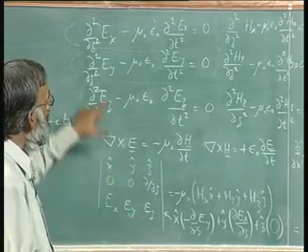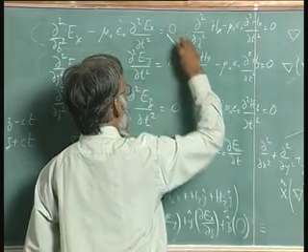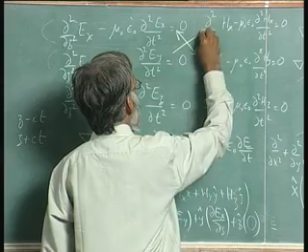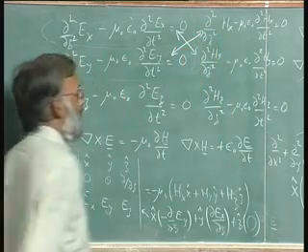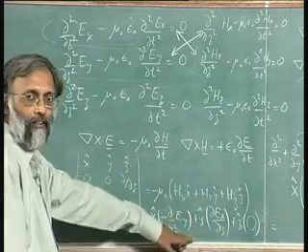In vacuum, what you can have are E x related to H y, and you can have E y related to H x. You can see it coming out of these relations directly.